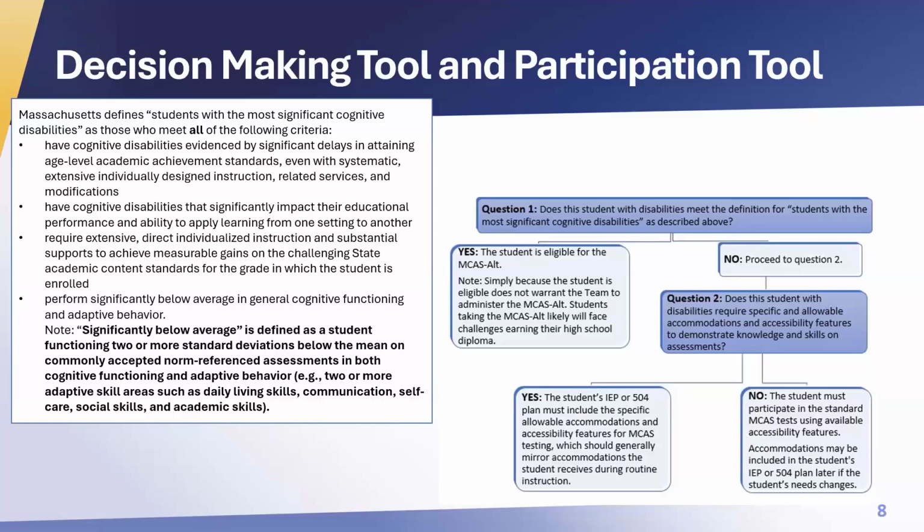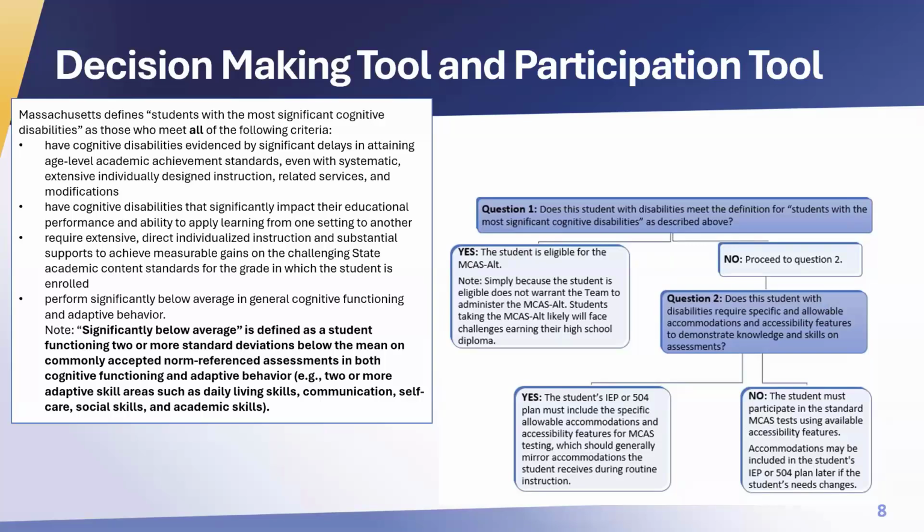There are 4 criteria. This criteria was developed with input from various stakeholders in the state, educators, and also informed by practices in other states and by our involvement with a national advocacy group, the National Center for Education Outcomes, that really focuses on assessment for students with the most significant cognitive disabilities.